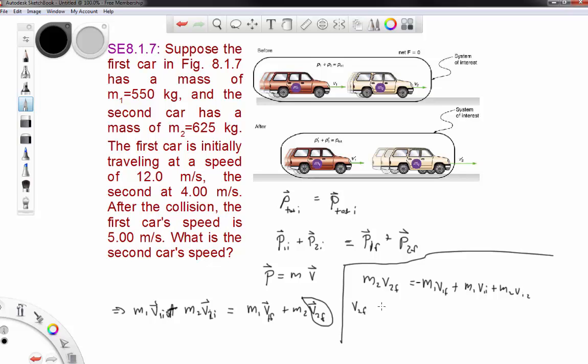So our final speed in this case might look like negative m1v1f plus m1v1i plus m2v2i.